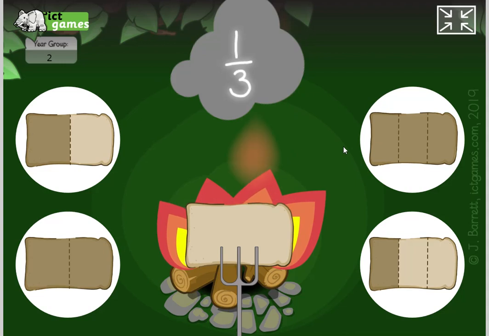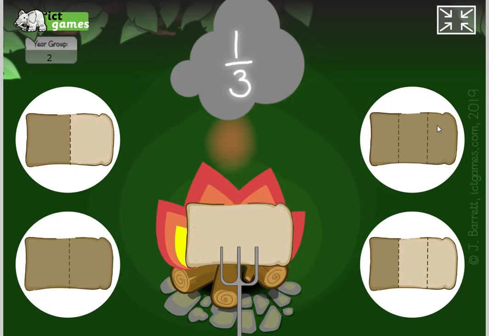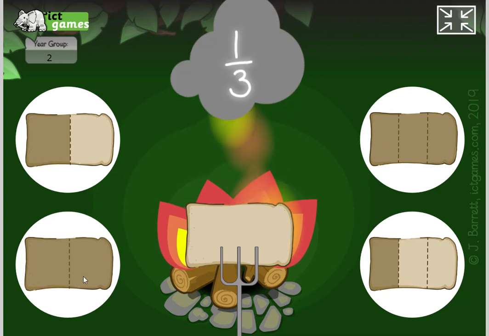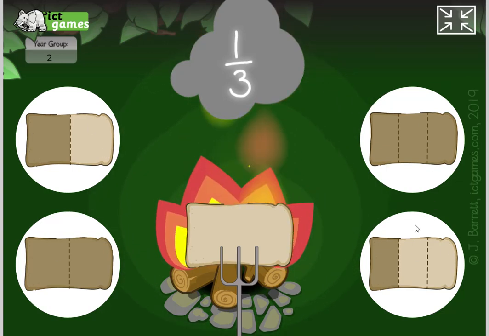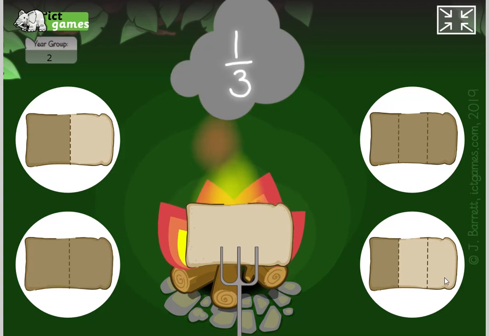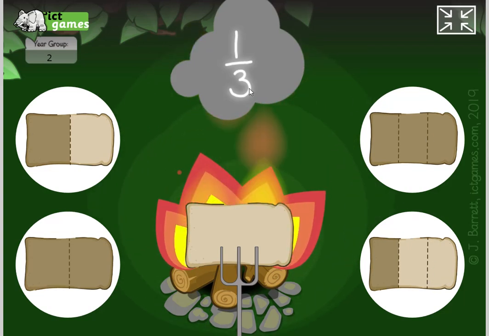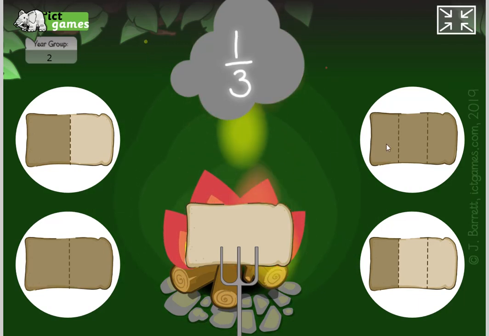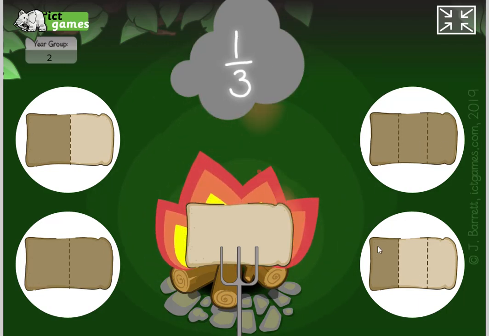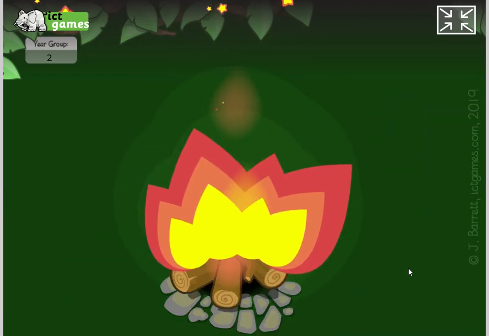No. So forget that one. Is that cut into 3? Yes. So it could be that one. Is that cut into 3? No. Right, we'll forget both of those. It's one of these. Is that cut into 3? Yes, it is. So it's one of those. It's cut into 3. How many parts? Just the one. Well, that's 3 parts. That's 1 part. So it's that one. Turn to the person next to you and say, super job.